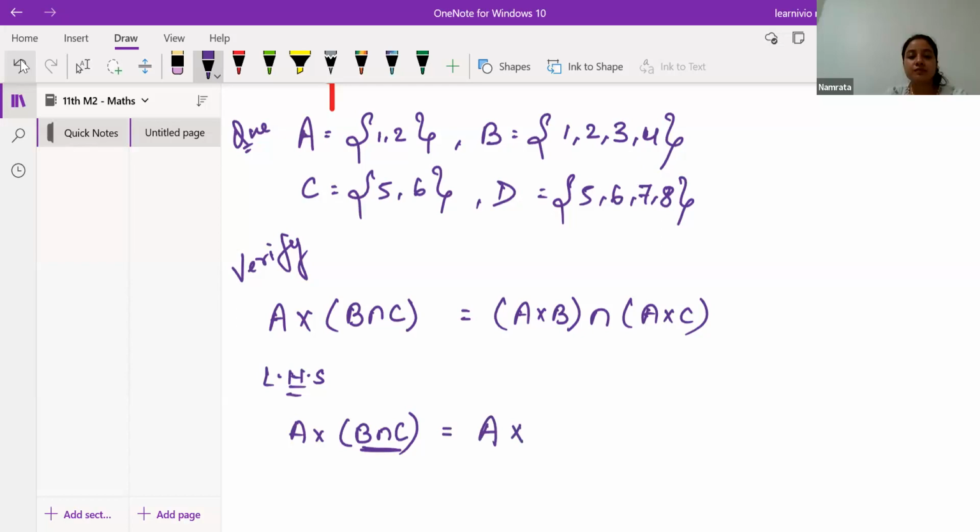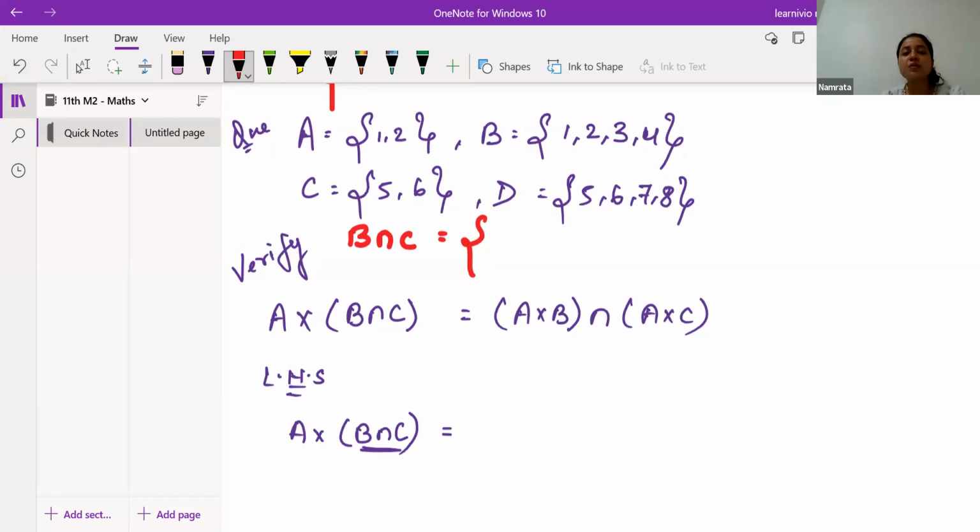Set B is given, C is given. B intersection C is what? Common elements which are there in B and C both. That's it. None of them are common.